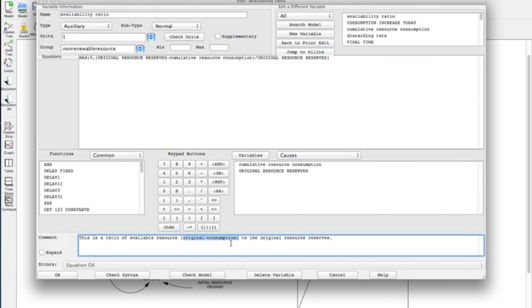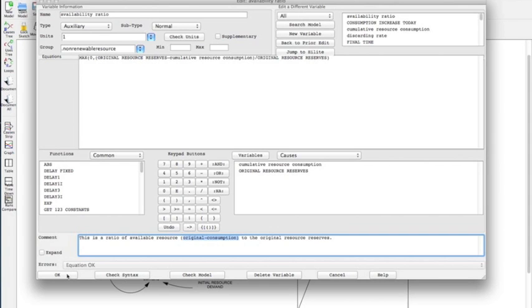So that's fairly straightforward. I added a max here just to prevent the availability ratio from going negative. For example, if you push the model and you run into a situation where you consume more than you originally had, this essentially stops running the model, or gives you a flag error.